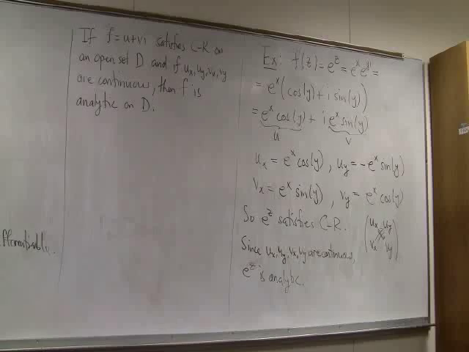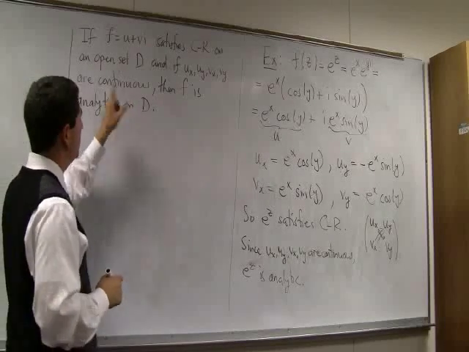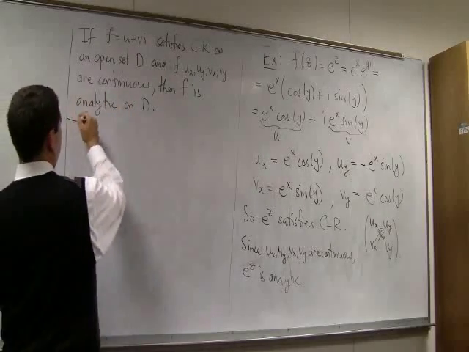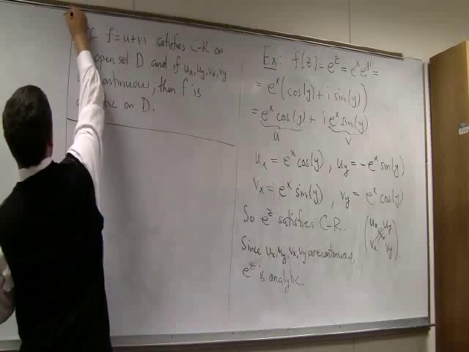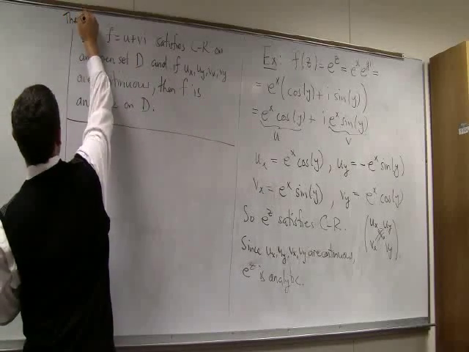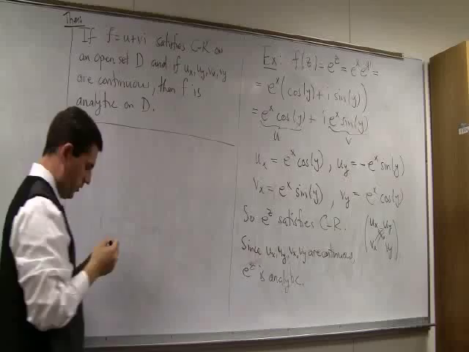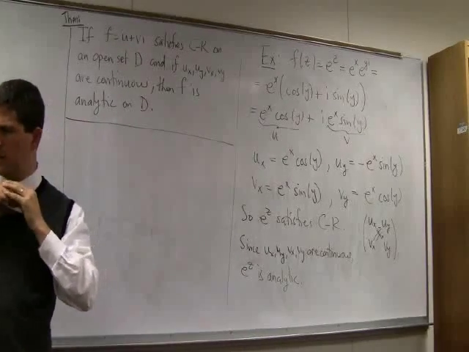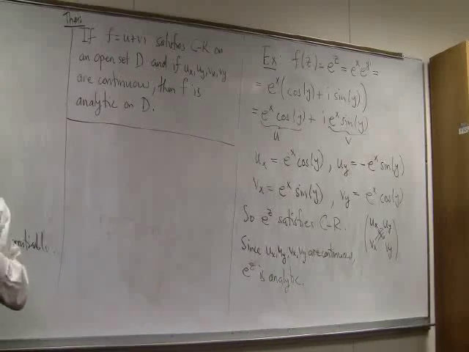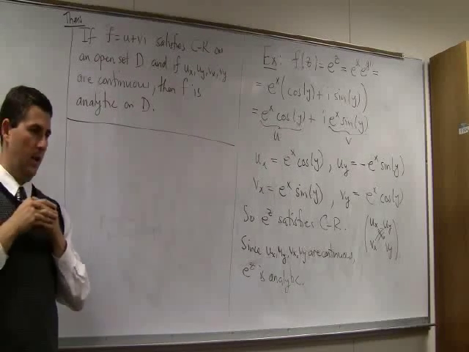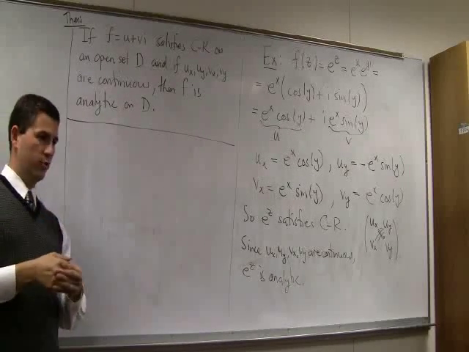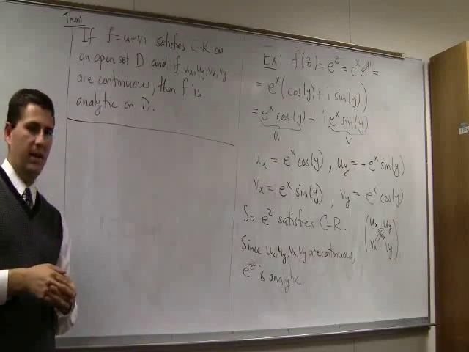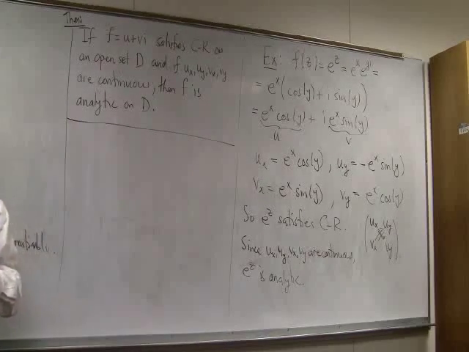Just a quick thing we should stop with. This is a theorem. If you go back and look at the first example we did, it was something like x plus y squared i, and you look at the partial derivatives, they're all very easy: 0, y, 2y, 1. Those are all continuous functions.